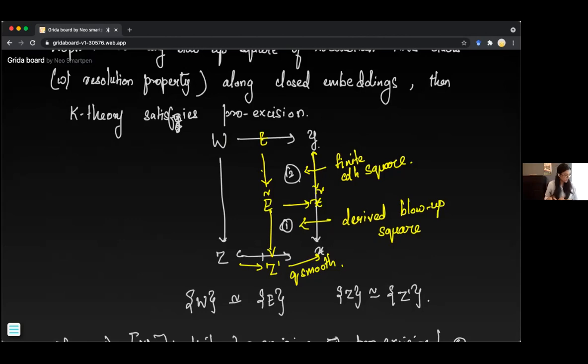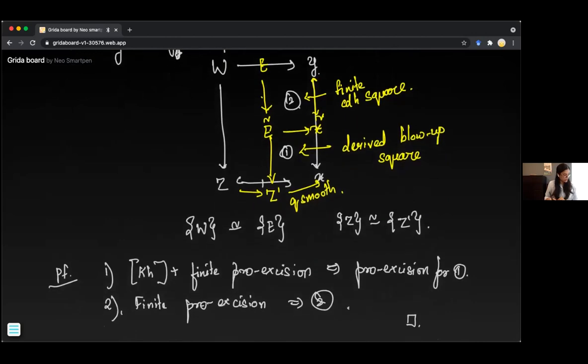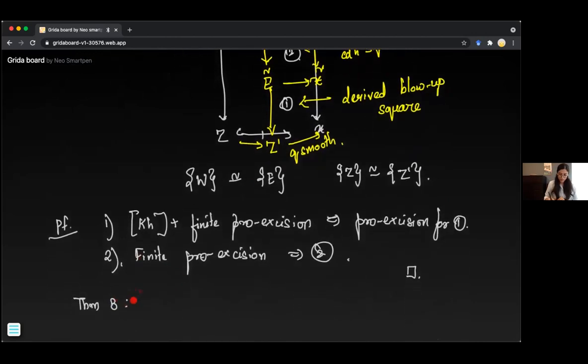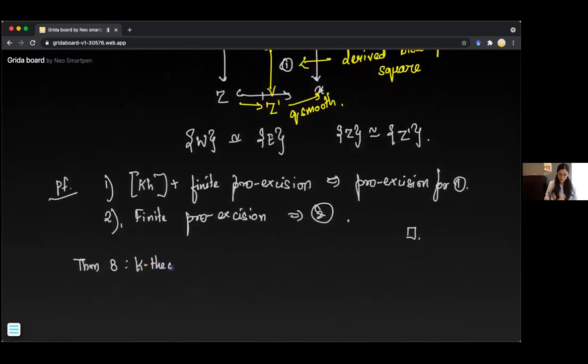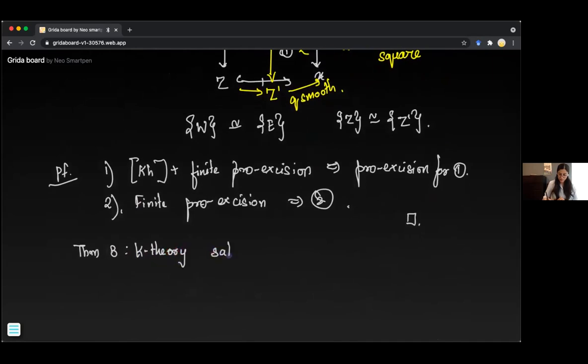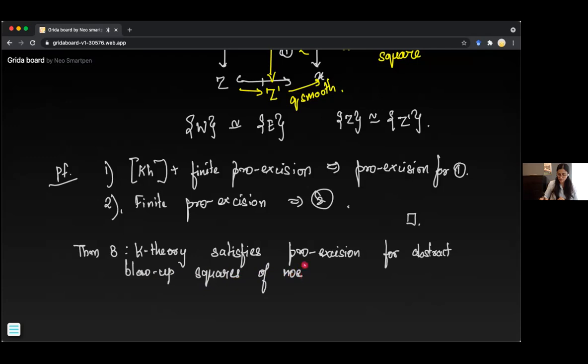Okay, so here K-theory satisfies pro-excision for abstract blow-up squares of Noetherian ENS stacks.